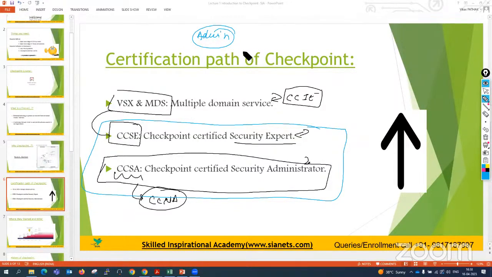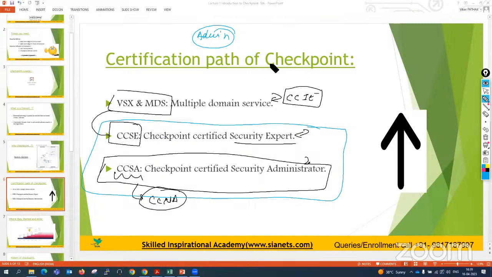Because this course is to give you an understanding of Checkpoint, to make you comfortable so that you can work in operations, work in the project team of a company, and be a network engineer on Checkpoint. My motto is not to make you comfortable to clear your certification. My intention is to make you comfortable with the technology so that you can work confidently.